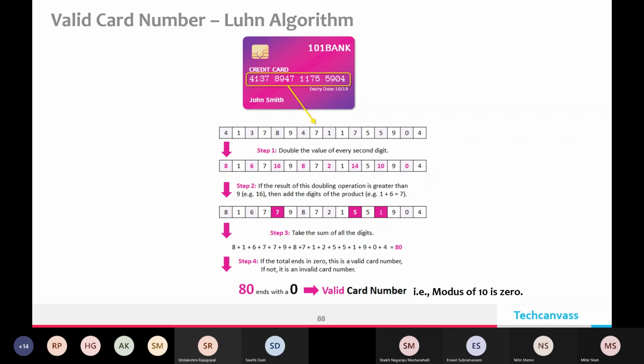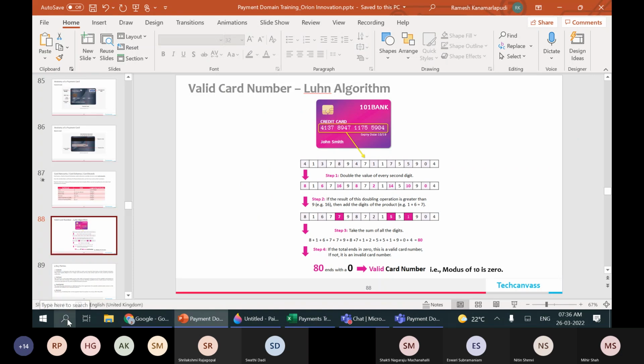If you look at all the card numbers, they follow a specific algorithm called the Luhn algorithm. Maybe I'll give you an example here.